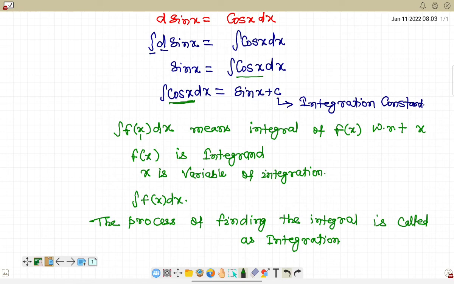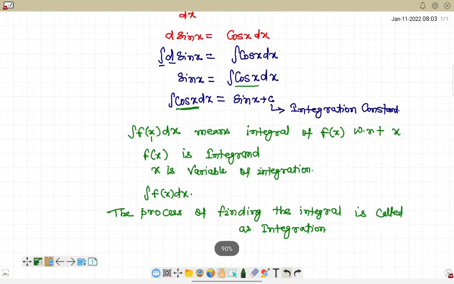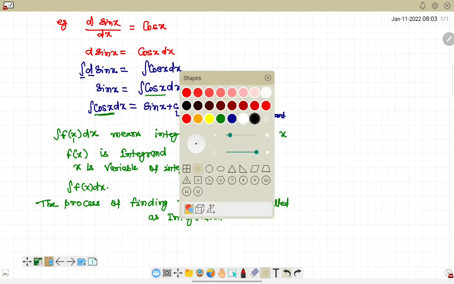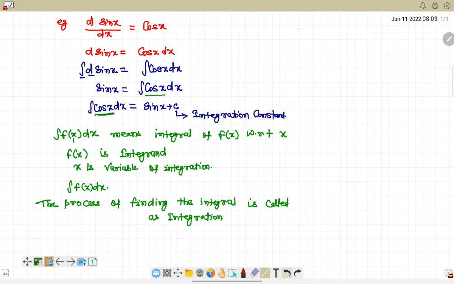Why do we use this constant c? Because we can check it if we differentiate. I am taking an example, and with the help of the example I will explain.